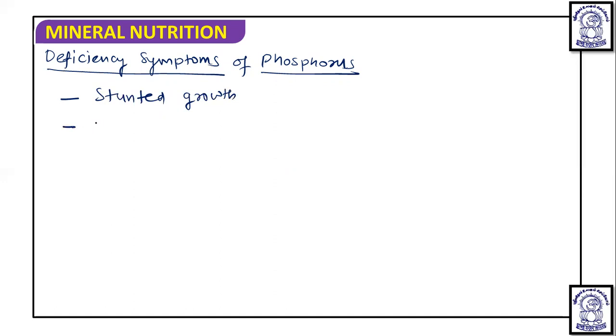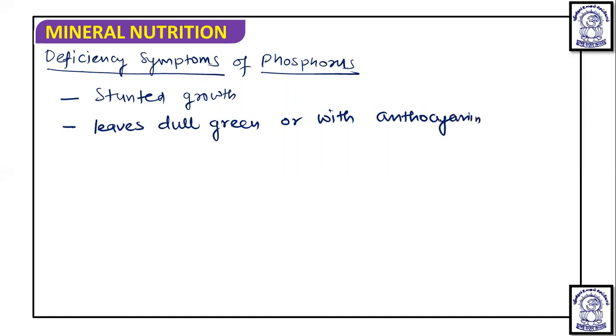Now the leaves are dull green or with anthocyanin. Then chlorosis with necrosis. Chlorosis is a yellowing of leaves, and necrosis is a deadening of tissues or deadening of leaves.